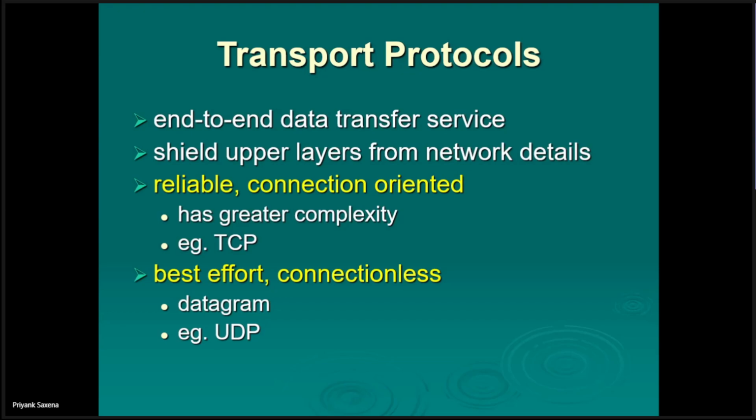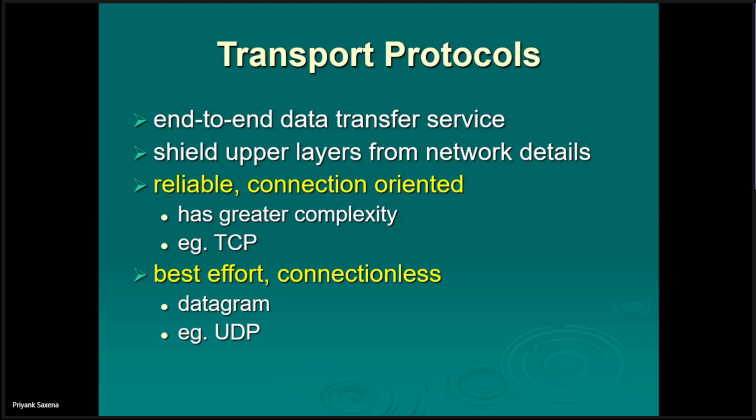We are not very particular about the delivery, sequencing, and everything about the data. So if some of the segments are missed, it will not make any difference, right? Applications which can adjust with such characteristics can use UDP because it is connectionless. So the overhead of connection establishment is not there, right?